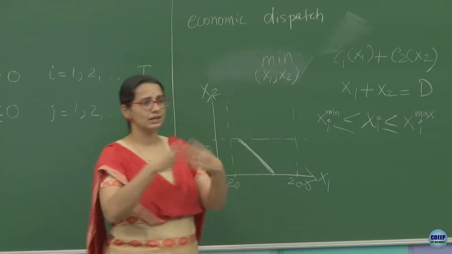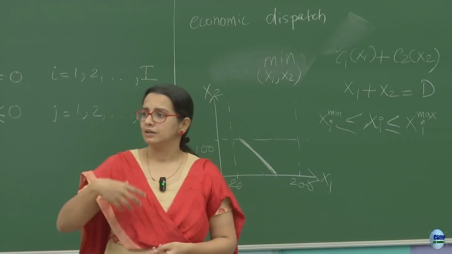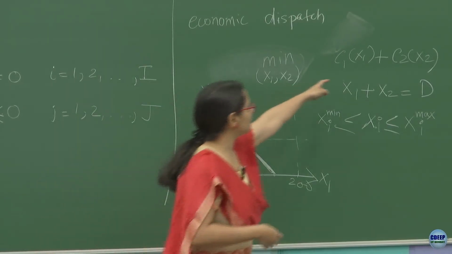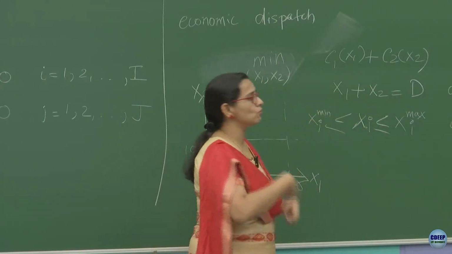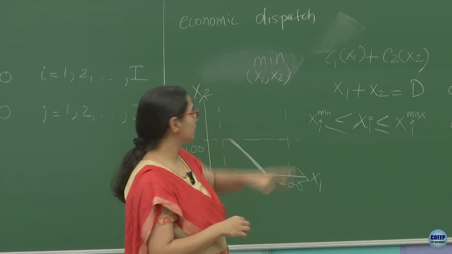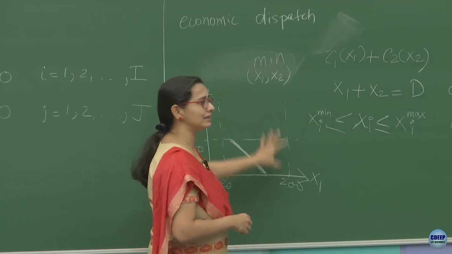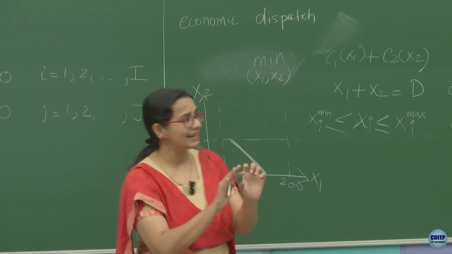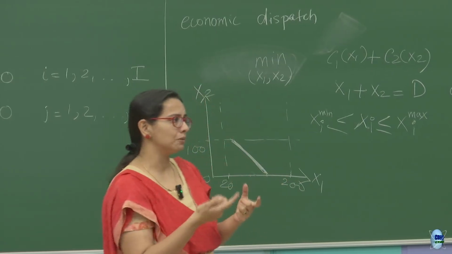Correct? I have to now start looking at how f of x1, x2, in this case c1x plus c2x, would look and how that would intersect and interact with this feasible region. And when I look at that, that is when I'll start looking at optimality.